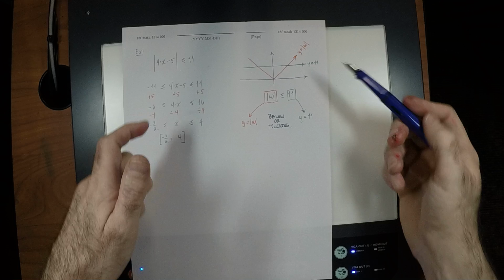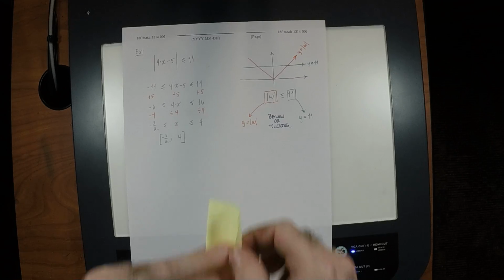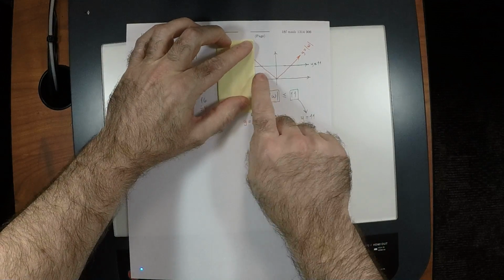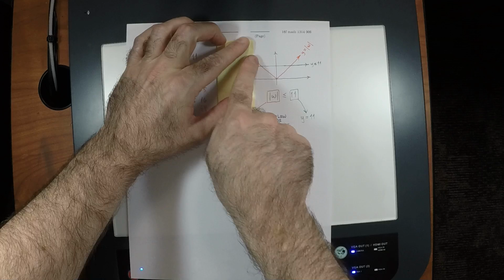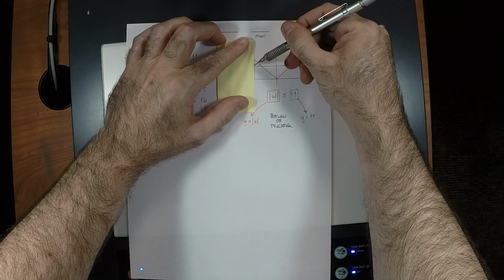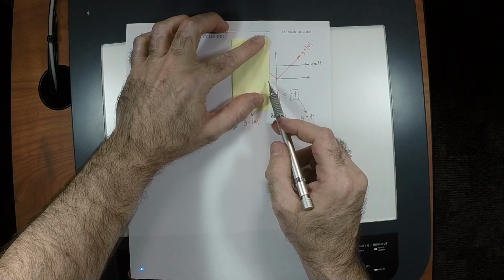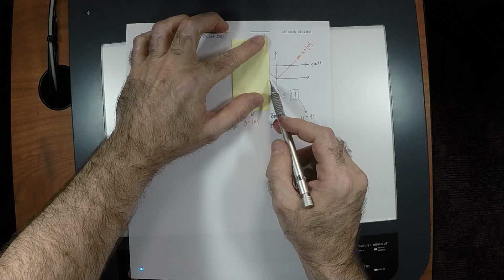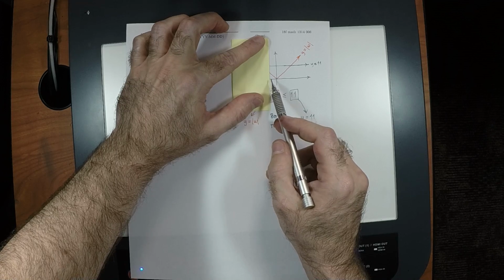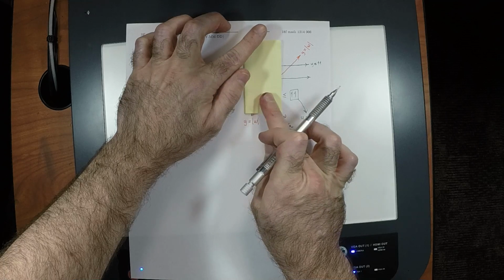Well, is there anywhere where red is below or touching green? So how about right there for that point? For that point, red is above green. So we're not talking about that point. What about that point? Is red below green there? It is, right? And all in here, red is below green.